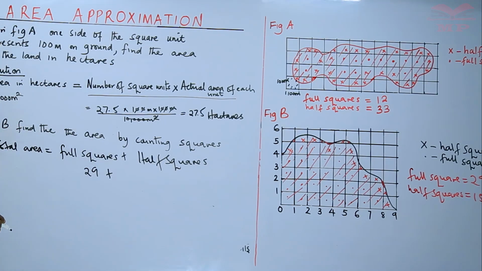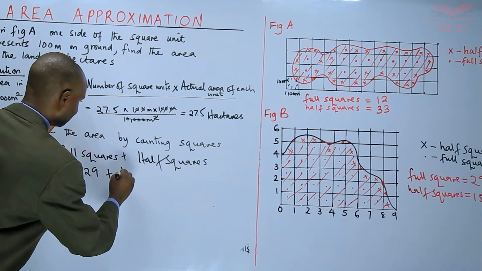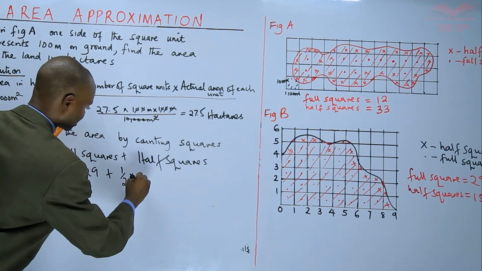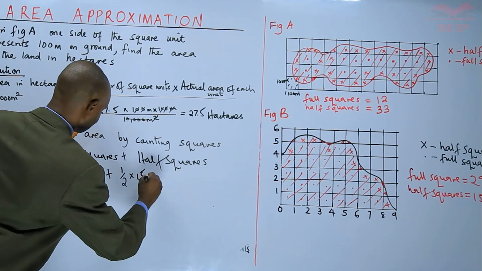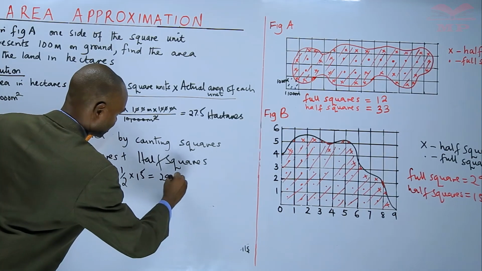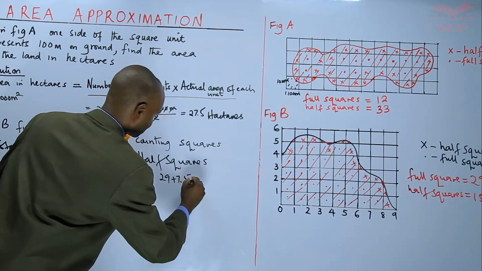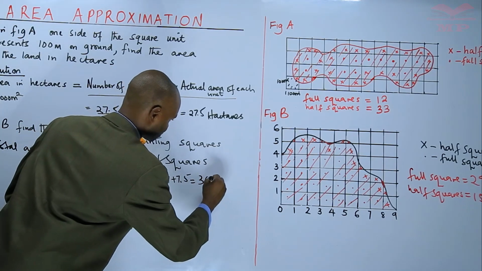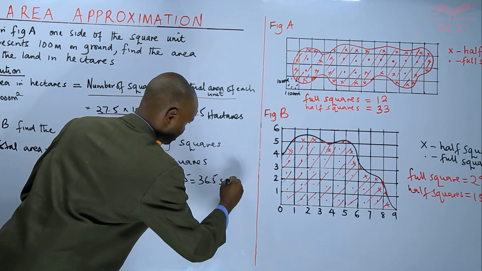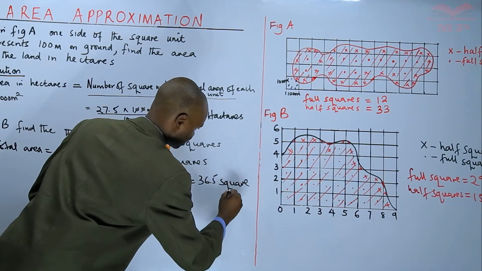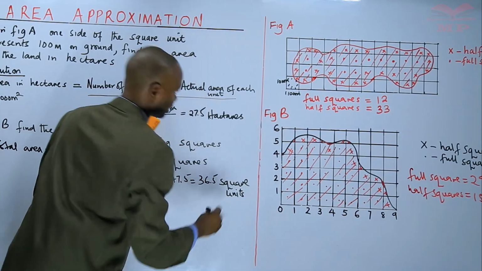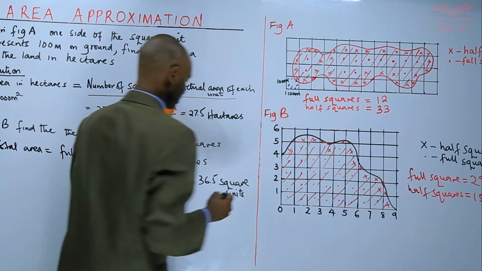They are 29, and the half squares you'll multiply by half times 15. This will work to 29 plus 7.5. This will give you 36.5 square units. You say units because this is just a unit.